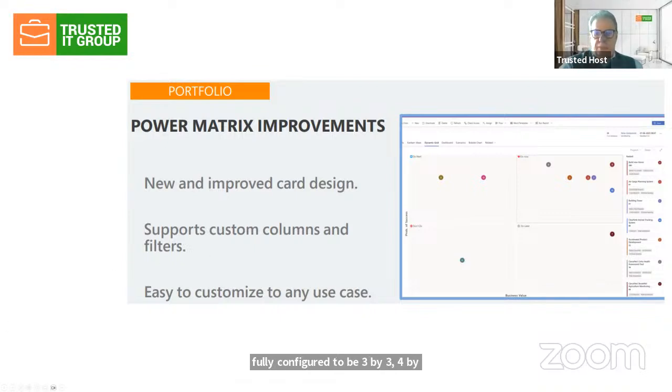I'm flying through these because this material was already covered, and it is available on YouTube as a replay. I'm going to post a link in chat for the whole playlist where you can look at part one, the initial webinar that we had, and today's webinar, all going to be part of the playlist.